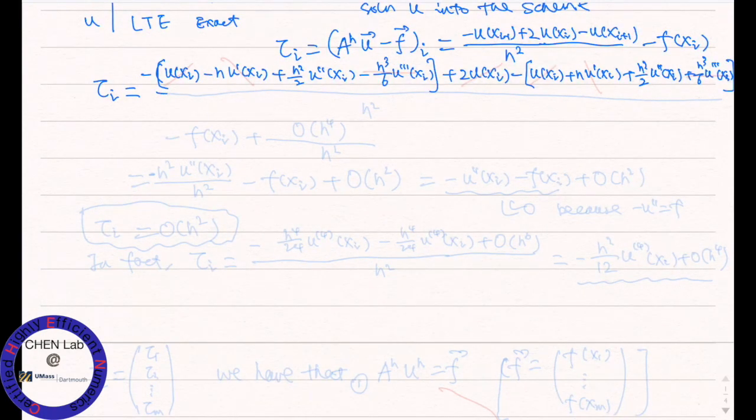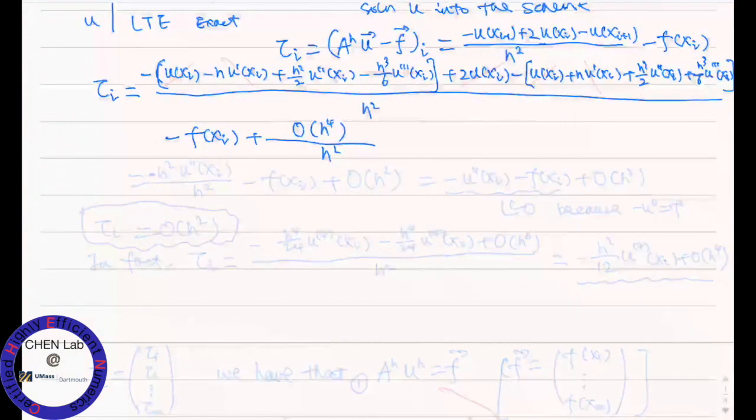Right, this is divided by h squared, and then you minus f at xi. We did the big O, so that was h squared. You have all that we neglected, h to the fourth.